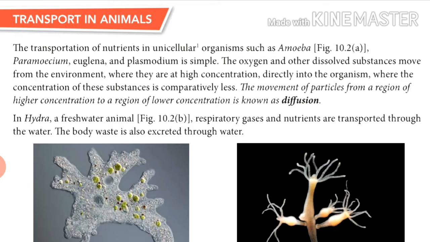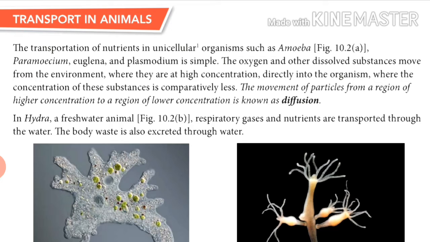That means if the concentration of oxygen in the atmosphere is high, then oxygen will dissolve in amoeba and paramecium, because inside the amoeba the concentration of oxygen is very less. So comparatively oxygen will transport from the high concentration medium to the low concentration medium.